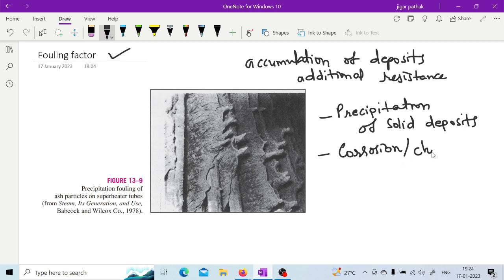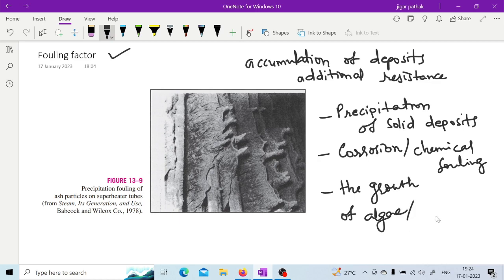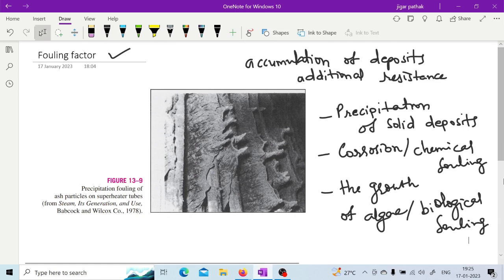It is because of this chemical fouling, right? Or you can also consider the growth of algae on the heat exchanger wall, right, which is nothing but biological fouling. So these are various reasons due to which there is an increase in resistance and it is going to degrade the performance of the heat exchanger.